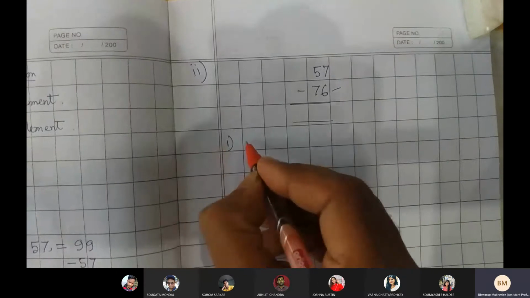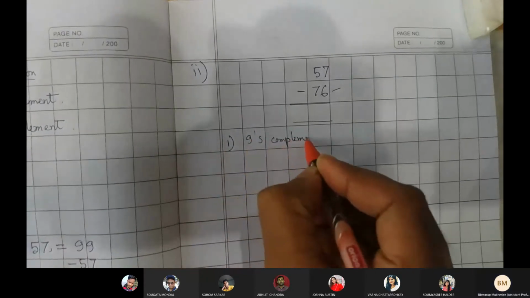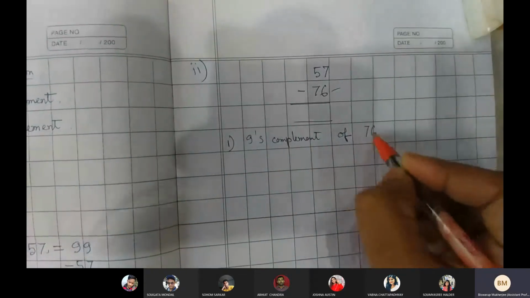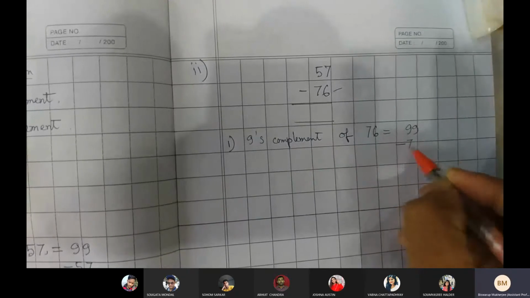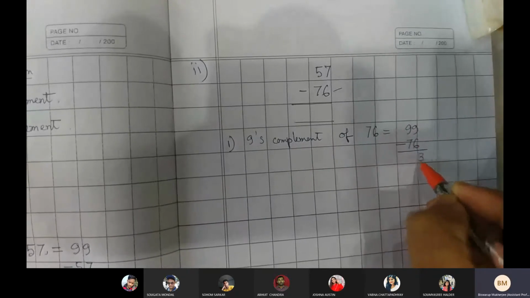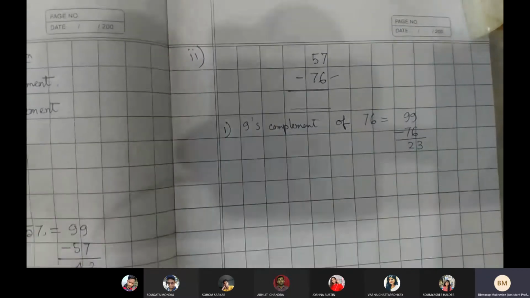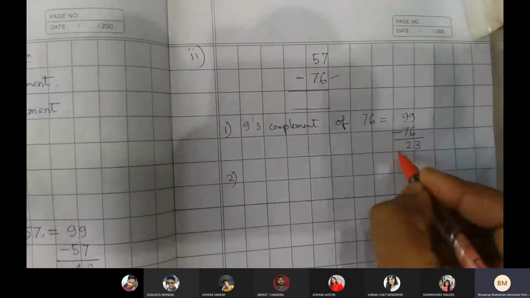So first job, 9's complement of 76, that is equal to 99 minus 76, that is equal to 23. So 23 is the 9's complement of 76. Next step is also same.